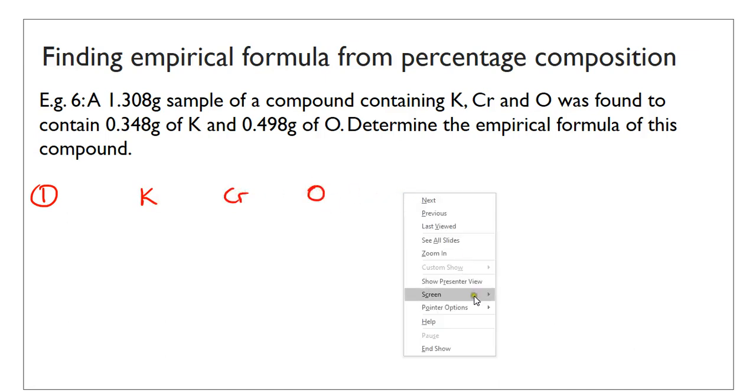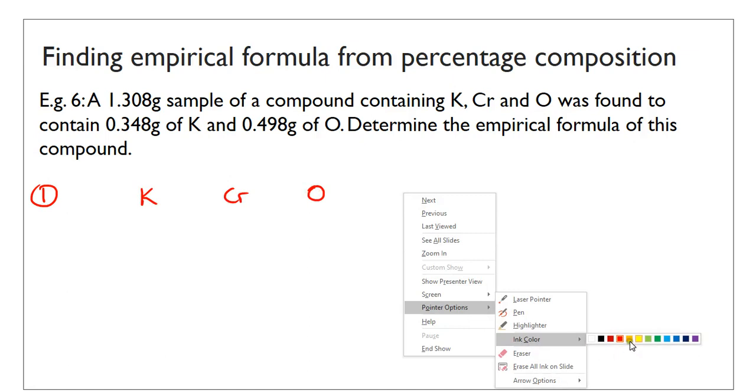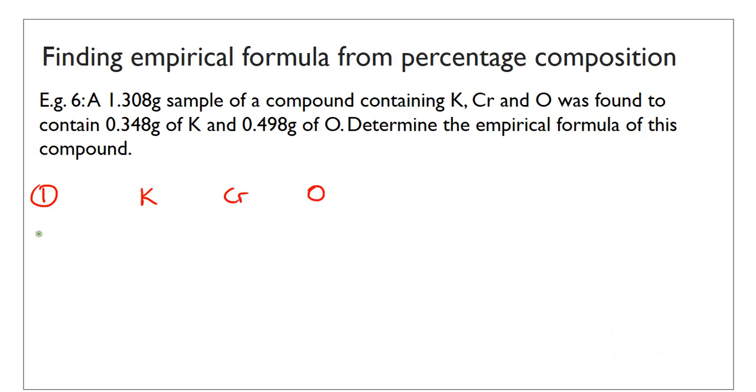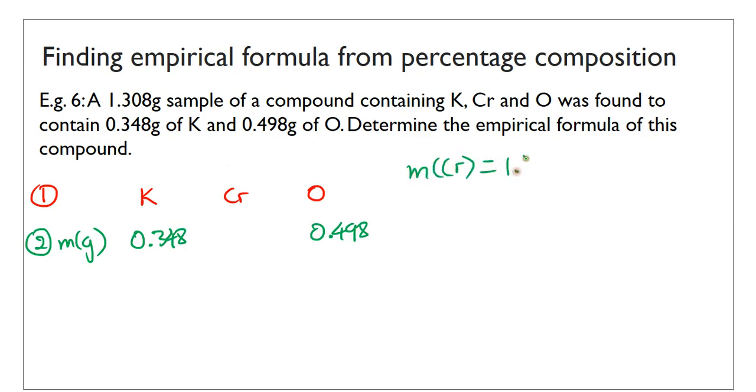And then the next thing I'm going to do is list the mass of the 3 elements. So I'm trying to find mass in grams here. So for potassium it is 0.348 grams. For oxygen it is 0.498 grams. And we'll need to find the mass of chromium, but we should be able to because we have the mass of the sample.